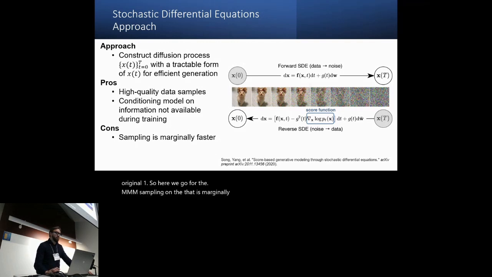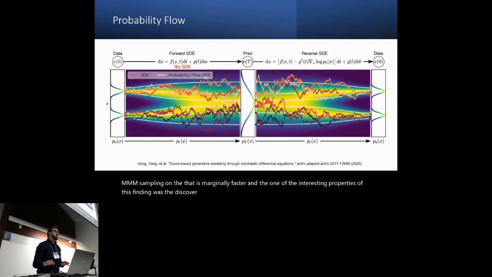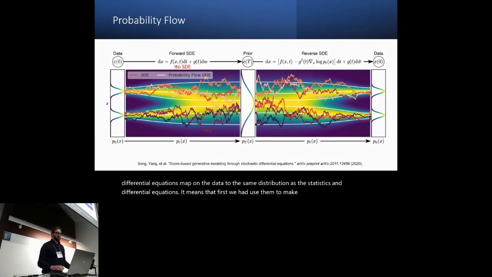And one of the interesting properties of this finding was the discovery of probability flow ordinary differential equations. Those differential equations map the data to the same distribution as the stochastic differential equations. It means that first we can use them to make the noisy data from the meaningful distribution.